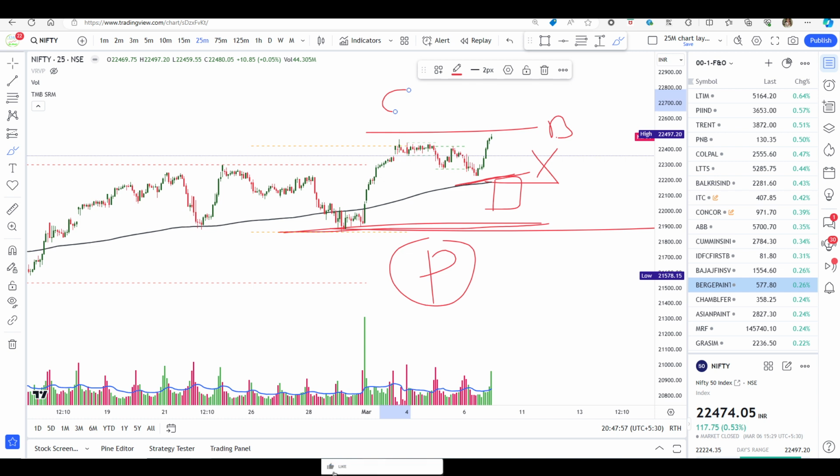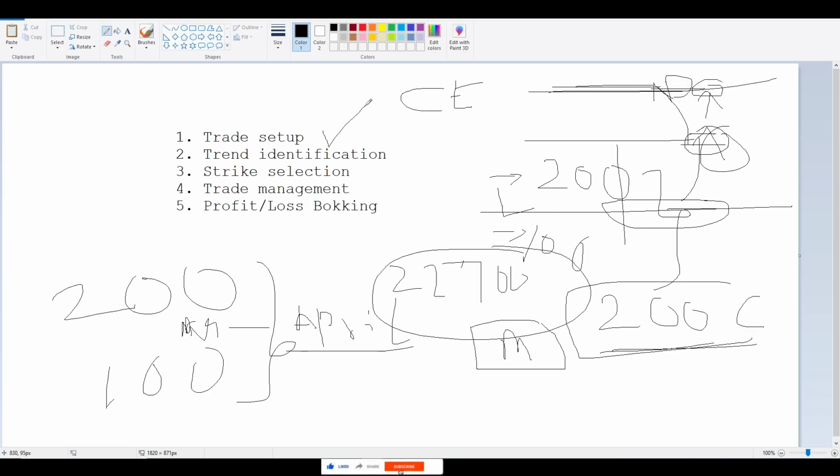So we define the trade setup. The trade setup is a 25-minute or 30-minute chart with 200 moving average. The trend identification is simple. The moment the candle closes above the 200 moving average and the previous high breaks, when these two conditions meet, we initiate.